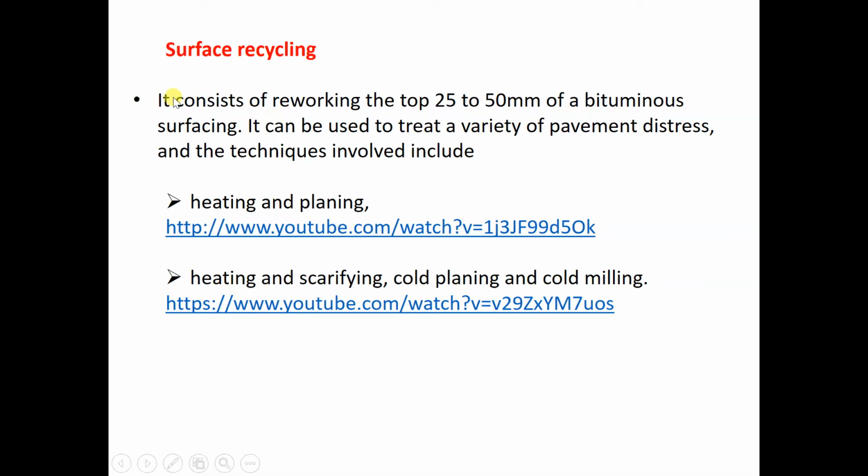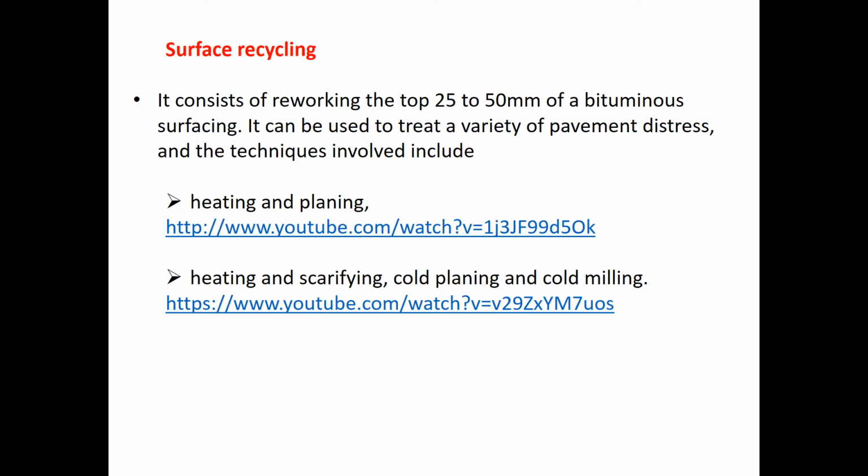So surface recycling is mainly to recycle the asphalt. If it's a chip seal or spray seal, you can't do recycling because it's too thin, only about 10 mm or 20 mm at most. You can't recycle that. But for asphalt, it could be like 100 mm thick.